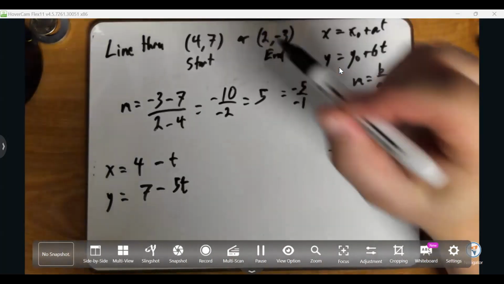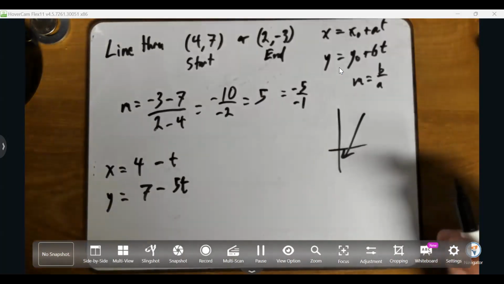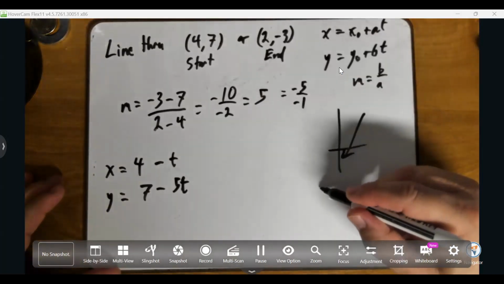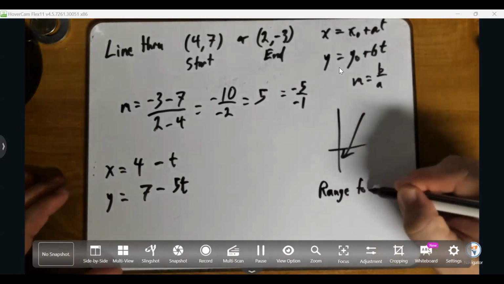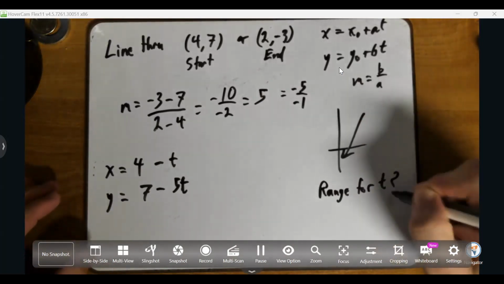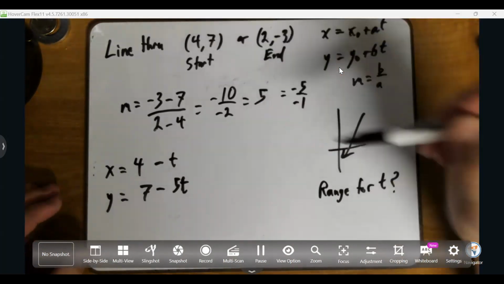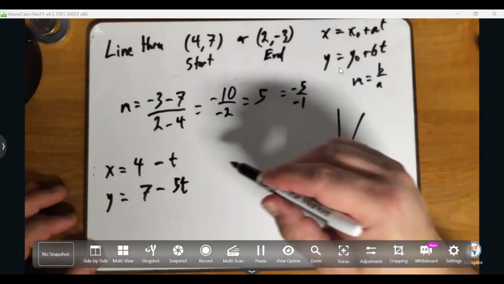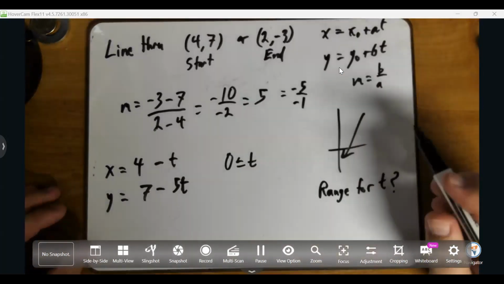One other wrinkle here, if you're faced with a problem like this where you want the path to start here and end there, not just paths through that way, is we need to find the range for t. Well, t equals 0 corresponds to our starting point, so 0 is definitely in there.